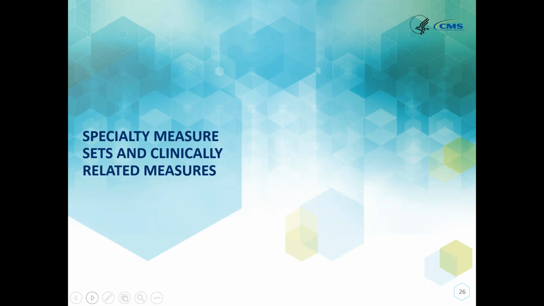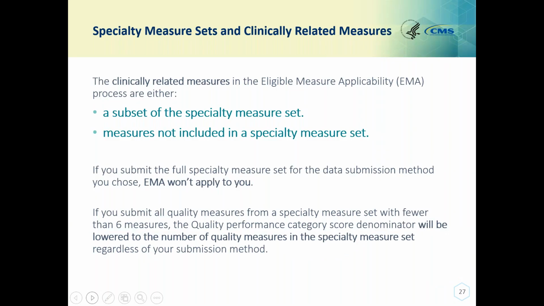So this is kind of moving towards the logic that EMMA employs, and this is the specialty measure set and clinically related measures. Next slide. The specialty measure sets and related measures are either a subset of a specialty measure set or measures not included in a specialty measure set.